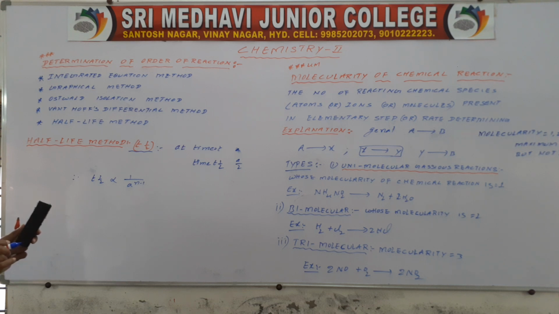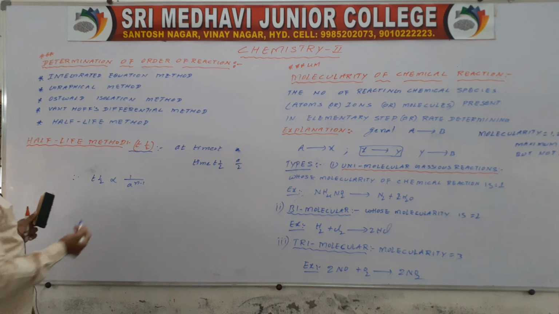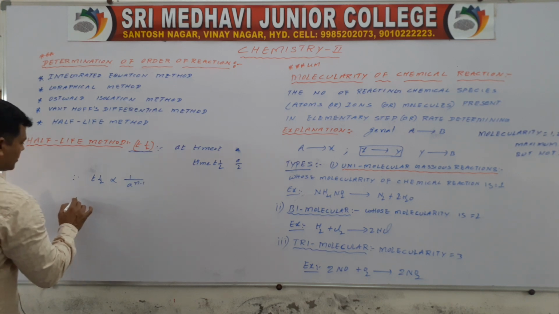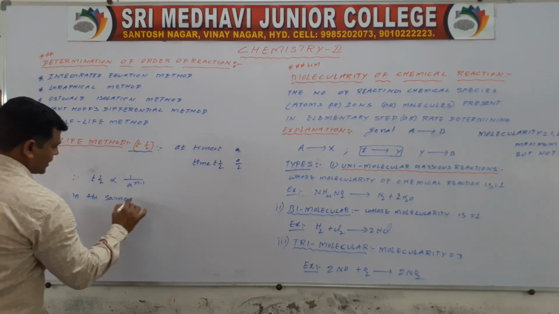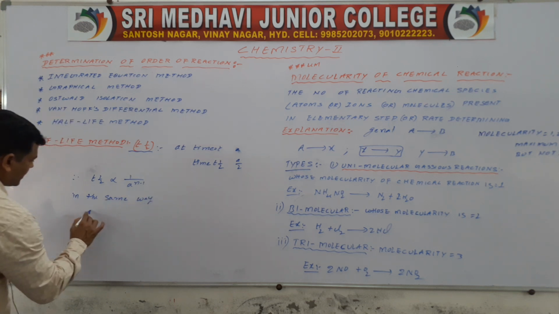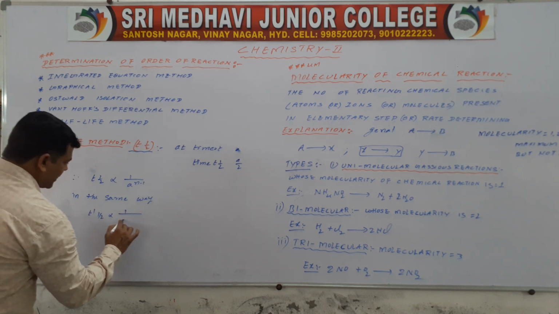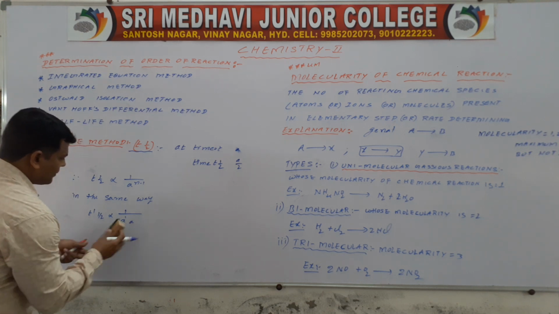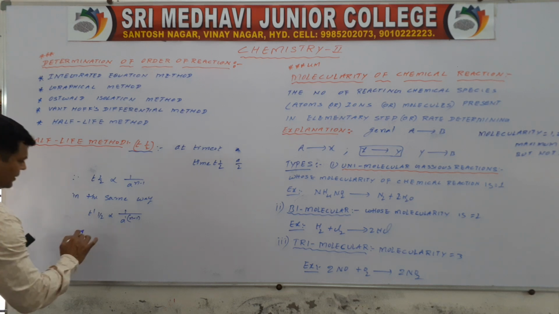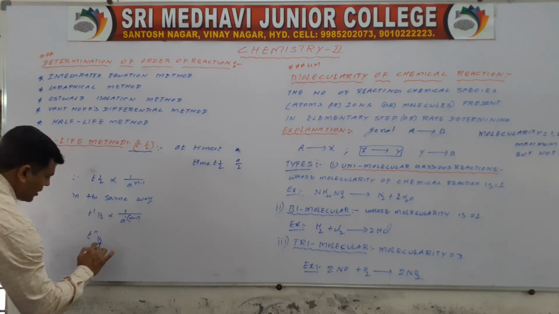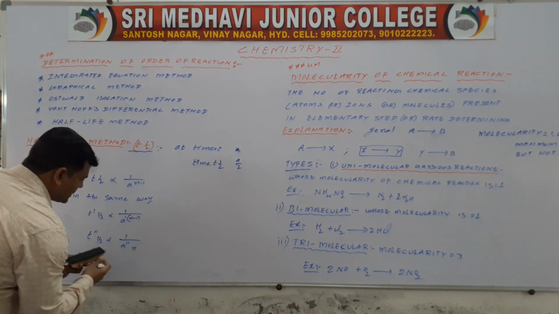Like that, t1 half is inversely proportional to 1 by a1 to the power of n minus 1, and t2 half is inversely proportional to 1 by a2 to the power of n minus 1.